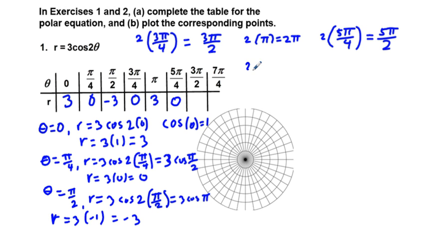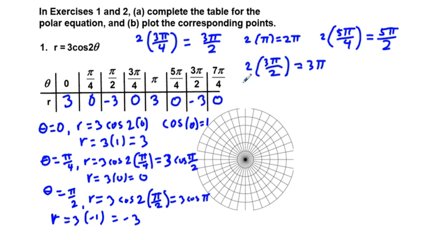For 3 pi over 2, 2 times that is 3 pi, and the cosine of 3 pi, once around plus another pi, is going to be -3. And for 7 pi over 4, that's going to be 0. And so now we have everything we need to graph.